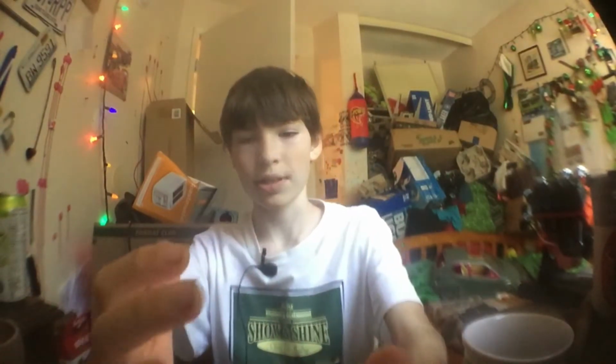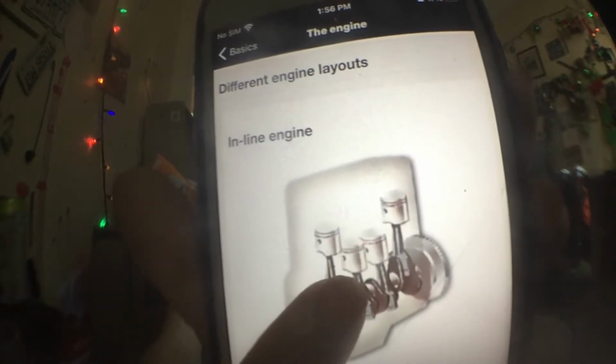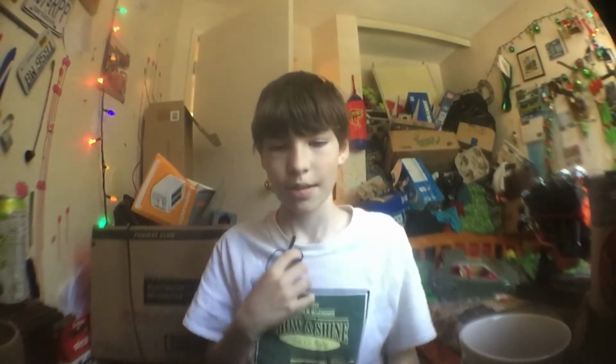Most engines would go in this order: the 2 outer pistons go in sync, and then the 2 inner pistons go in sync. But some have the 1 piston here and here going like this, and the others still going like this, so they're not in sync.